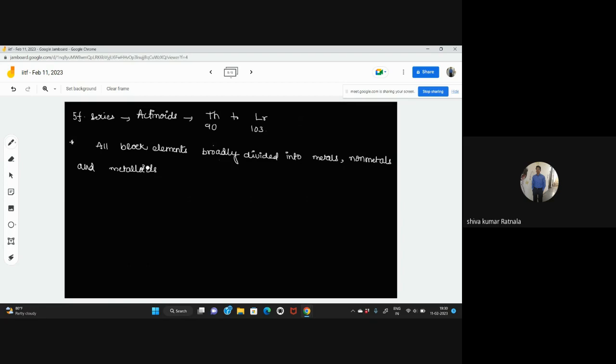It is divided into four: metals, non-metals, metalloids, and noble gases. Noble gases we are not generally concerned with, because we have already discussed them as inert gases. That's why I'm not writing them.